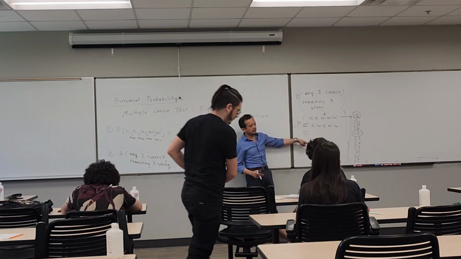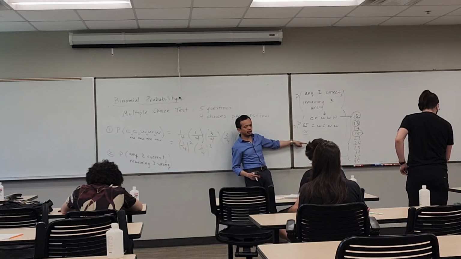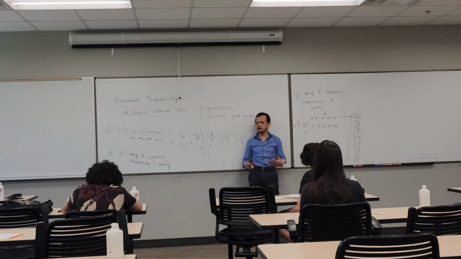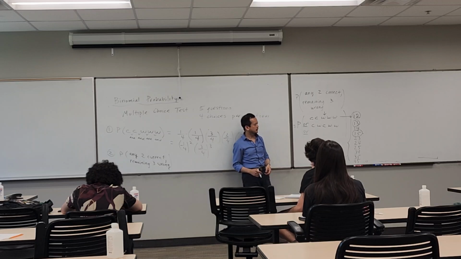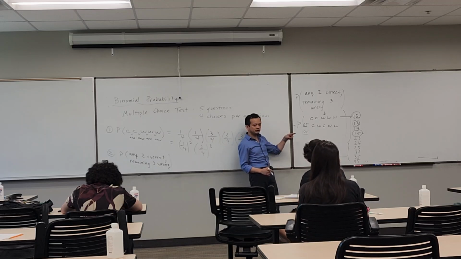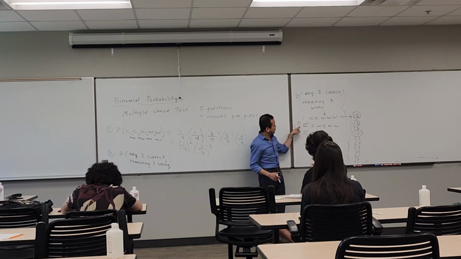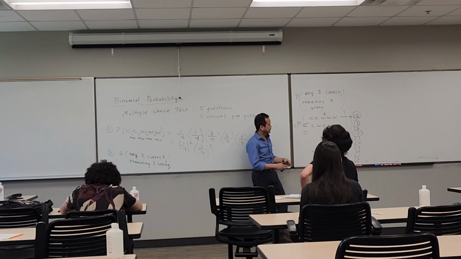So if we have a probability with or, where any one of these could occur, then which rule is that? Addition rule. So that means you can add up the probabilities of each of these separate events.